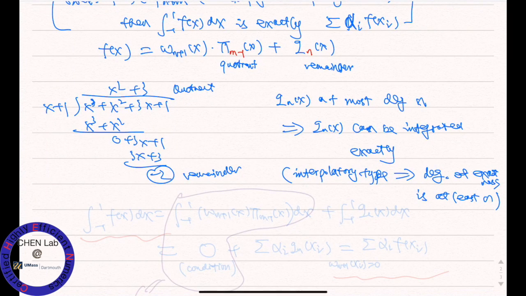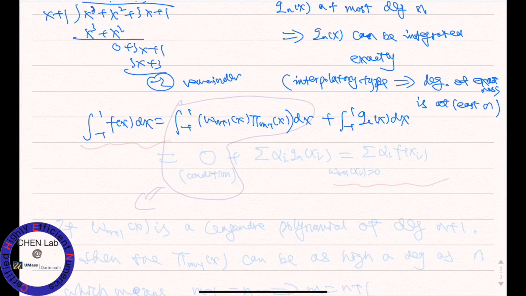For any given such f, once we do the long division, the integral of negative 1 to 1 of f(x) dx is the integral of omega n plus 1 x pi n minus 1 x dx, plus the integral of qn x dx. By the condition we're proving sufficient, we know the first is 0.